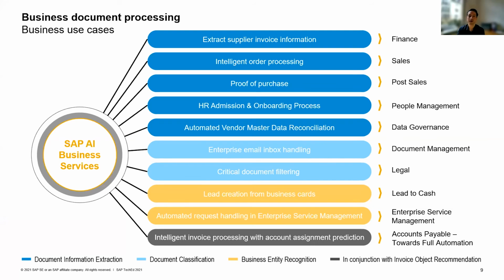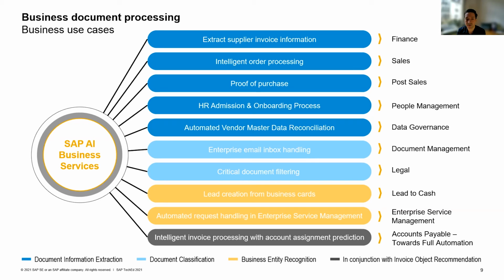So as you can imagine, there are plenty of possible scenarios where you could apply these services and especially the document information extraction service. And we have seen examples in many domains of an enterprise. So the obvious example, the first one, is in finance departments, when you want to extract information from supplier invoices in order to accelerate the accounts payable process, for example, or even automate the process, right?